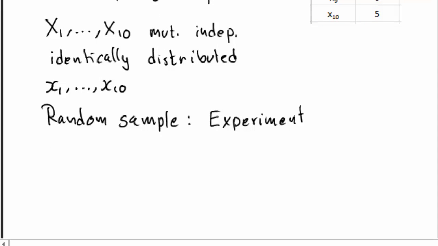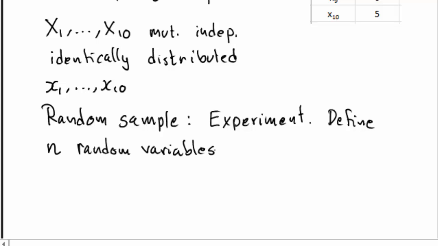And we can define a random sample simply as we have set up an experiment. In my example, the experiment was to toss a dice 10 times. We define a number of random variables, so let's call that number n. So n was 10 in the example above, and we denote them by X1, X2, all the way to Xn.